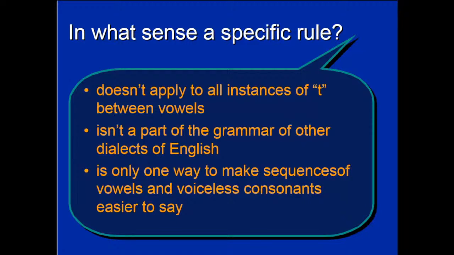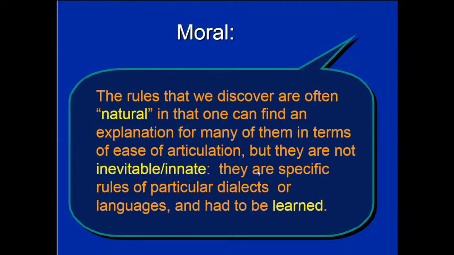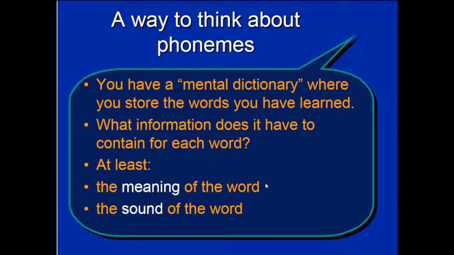It isn't a part of the grammar of other dialects of English. It's only one way to make sequences of vowels and voiceless consonants easier to say. Now, the rules that we discover are often natural, in that one can find an explanation for many of them in terms of ease of articulation, but they are not inevitable or innate. They are specific rules of particular dialects or languages and had to be learned.